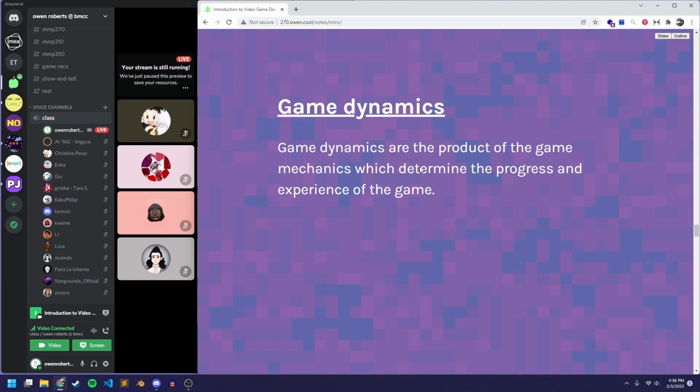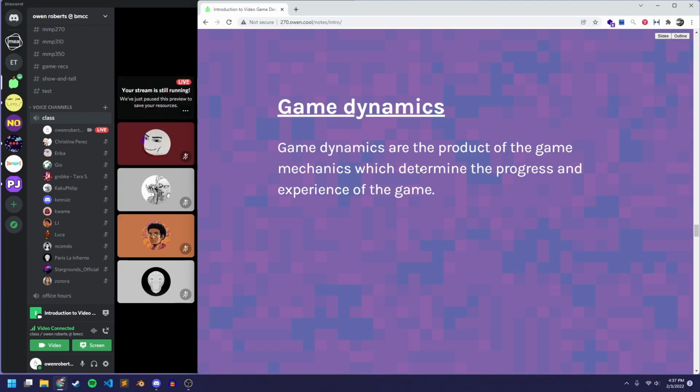So, for example, in chess, to use a non-video game, although obviously there's video game versions of chess, in chess you have pretty specific rules. There's a certain way that you can move each one of your characters, and you have to trade back and forth turns. That's the game mechanics. I'm allowed to move my pawn 2 spaces, or I'm allowed to move my king 1 space.